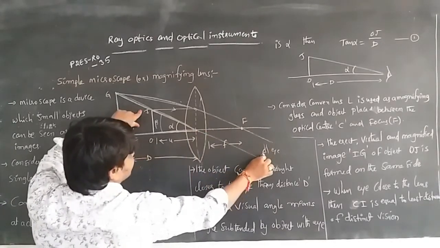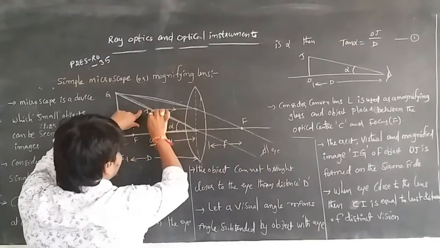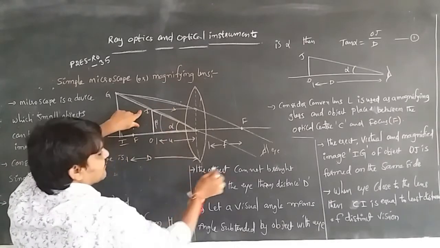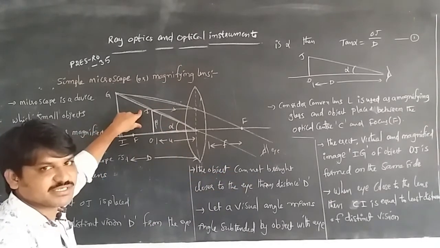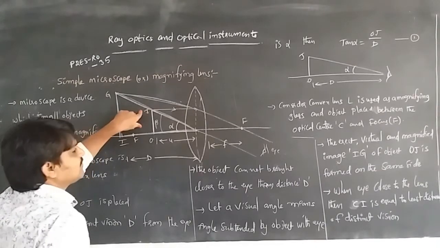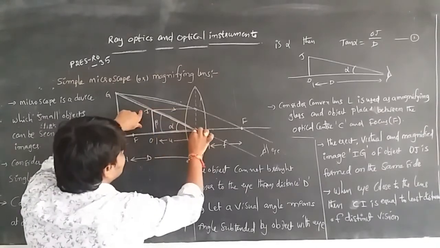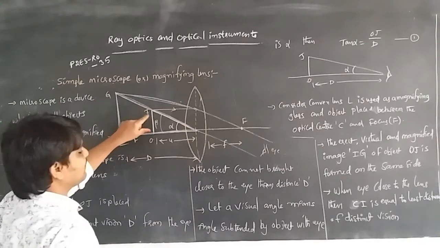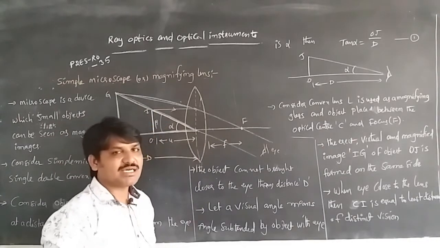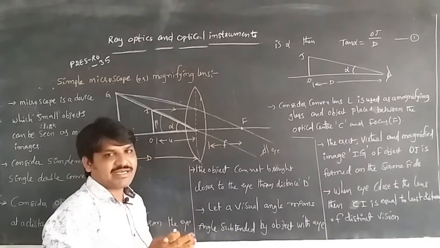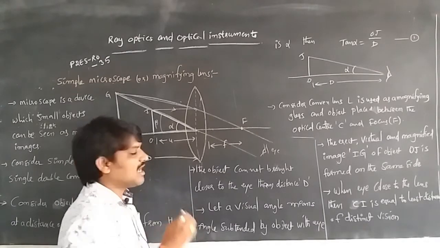The distance from the eye to the object is D, the distinct vision, with a visual angle. What is meant by the visual angle? It is the angle subtended by the object at the eye.